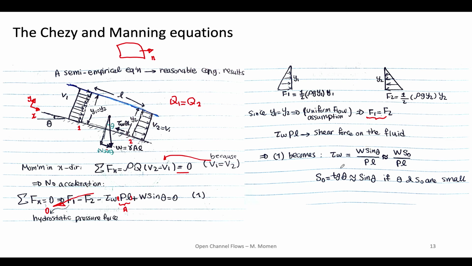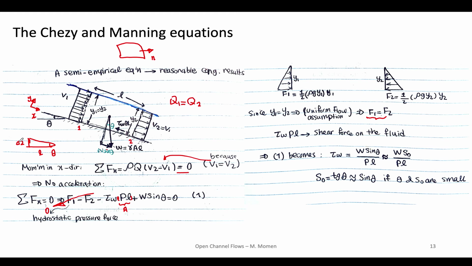And then I can make another assumption. S naught, if you look at the definition, is tangent of theta, right? If this is theta, so S naught is this delta Z, this change in the elevation over L, right?